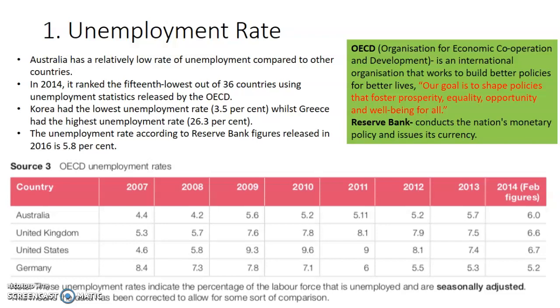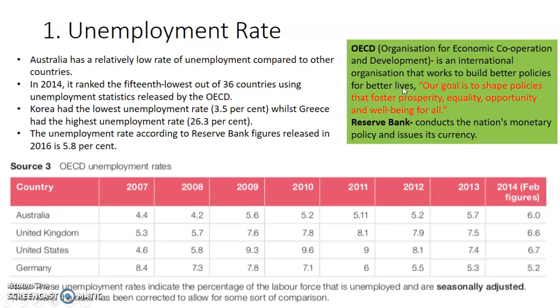Now a little bit about the unemployment rate. We've covered this before, but this is a little bit more information based on the OECD data. OECD is the Organisation for Economic Cooperation and Development. It is an international organization that works to build better policies for better lives.